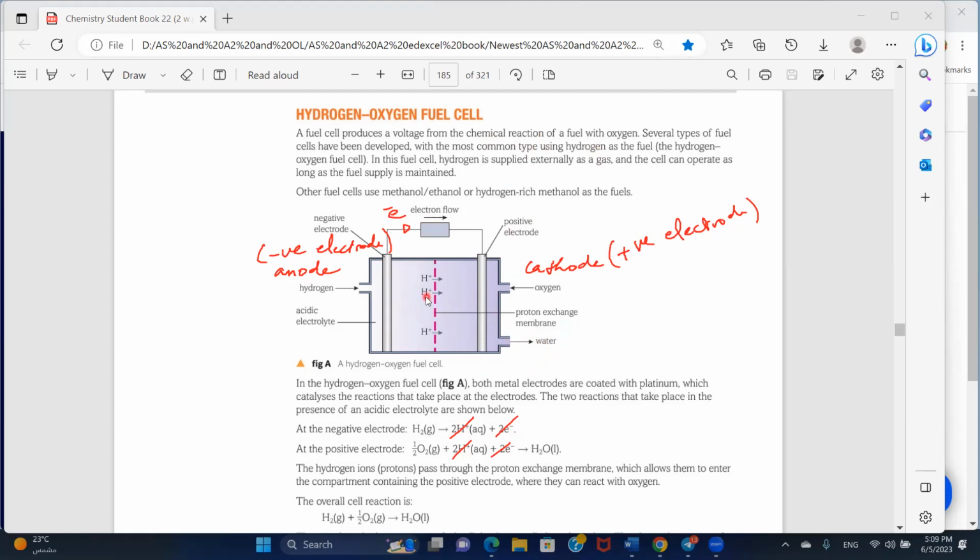Now, sometimes we have inside the cell, instead of an acid, an alkali, like sodium hydroxide, for example. In that case, also water is going to be produced by the reaction of hydrogen and oxygen, but the method of working differs a little bit.